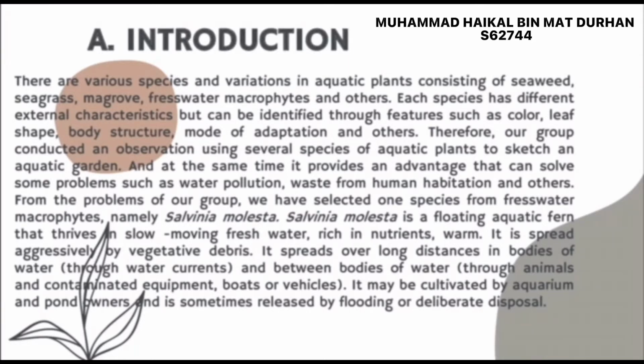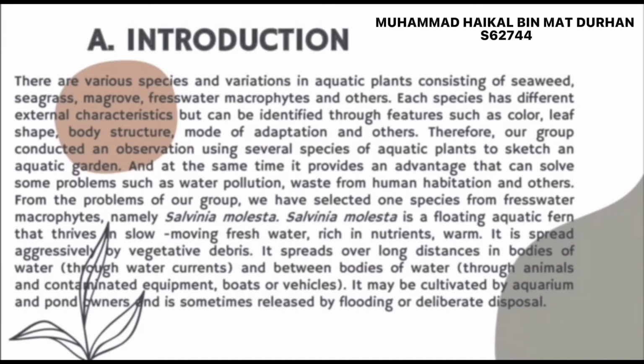Therefore, our group conducted an observation using several species of aquatic plants to sketch an aquatic garden, which at the same time provides an advantage that can solve some problems such as water pollution from human habitat and others.